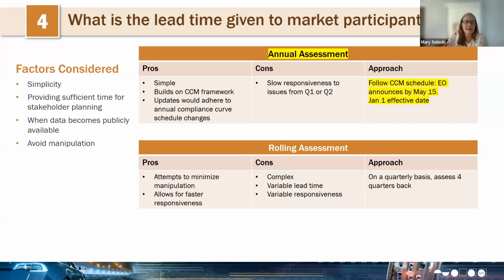We're recommending the annual assessment, which would align with the same schedule as the cost containment mechanism, which follows in the years it is utilized, which is the previous year's data comes out at the beginning of April, giving CARB a 6-week window to calculate. And then the executive officer, or EO here, announces whether the mechanism is triggered or not by May 15th.